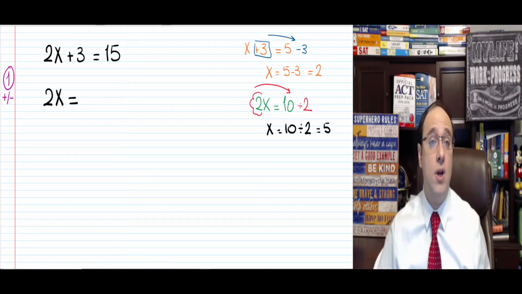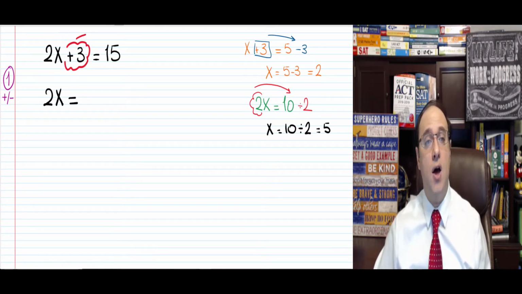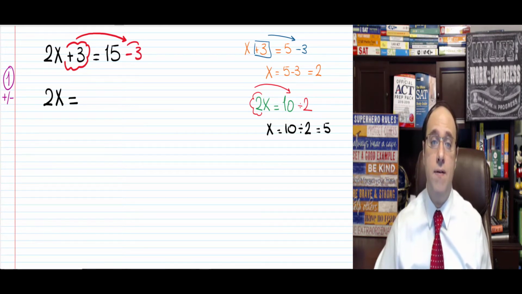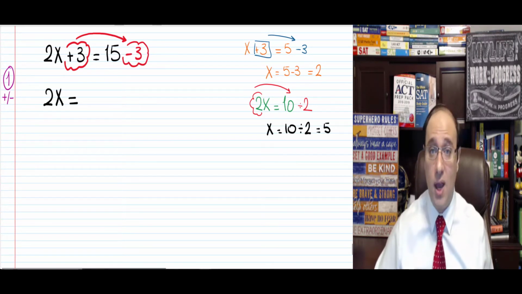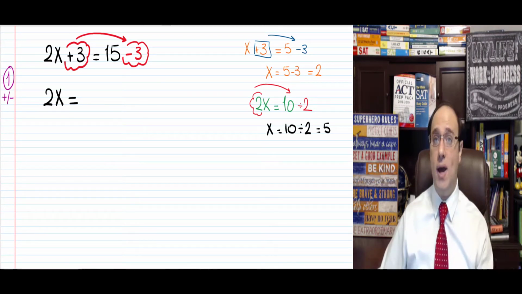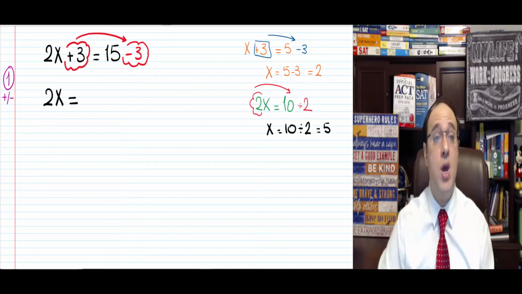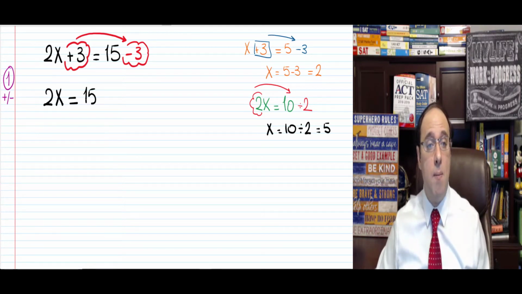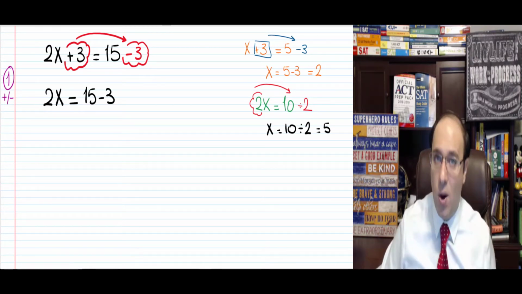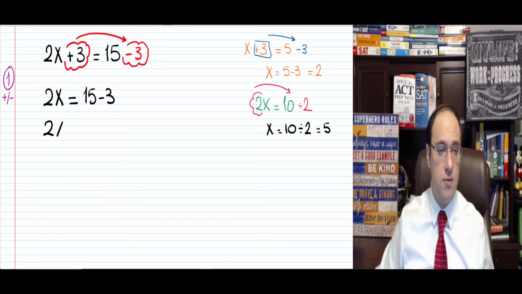So we want to get rid of the plus 3. Plus 3 goes to the other side of the equal sign as minus 3: 15 minus 3. Okay? So we rewrite this as 2x. Remember, I didn't touch the 2. So 2x is just as it is, equals 15 minus 3. Now we answer this: 2x equals 12.